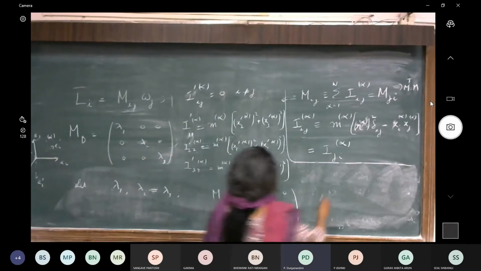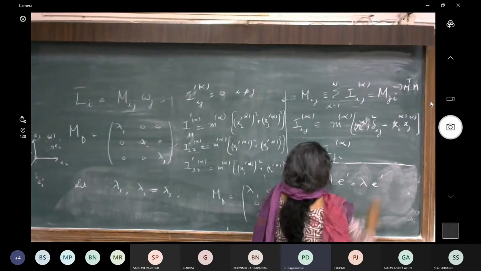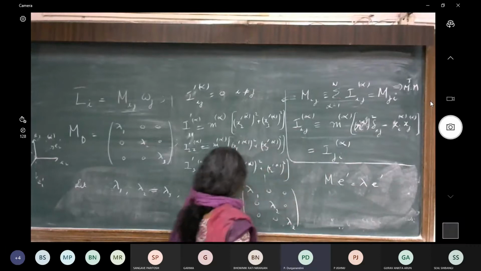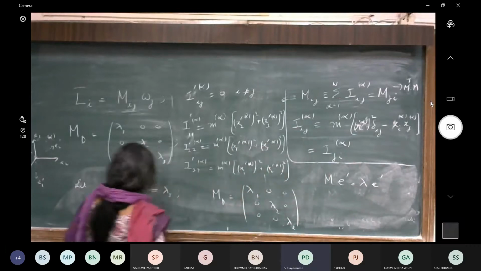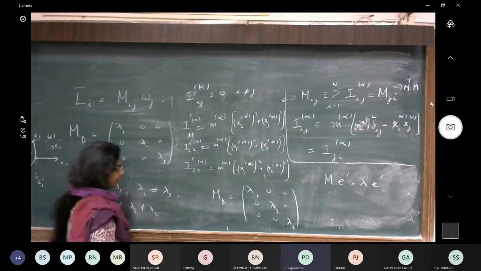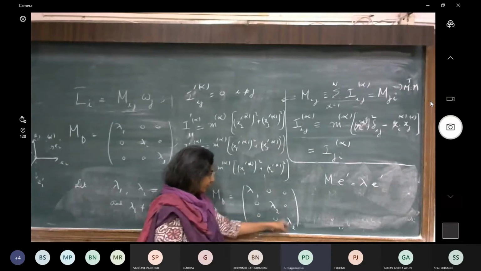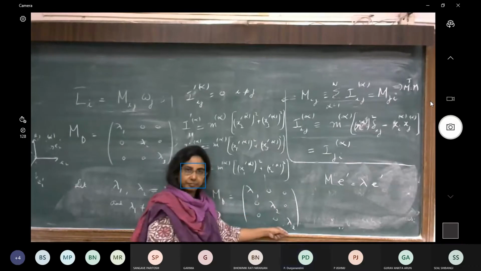If you look at your eigenvalue equation, it is going to become equal to lambda E prime. Because lambda 1 is not equal to lambda 2, certainly I can say that the eigenvector corresponding to this and the eigenvectors corresponding to these must be orthogonal to one another.